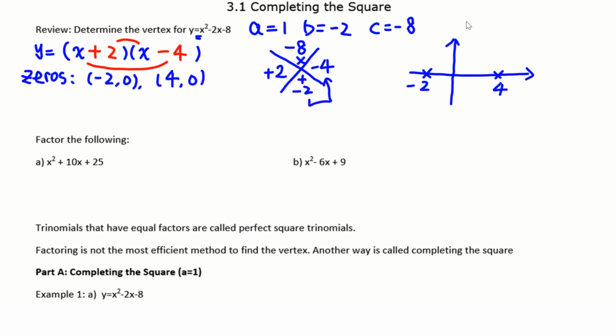The vertex will be at the middle of these two points because they are symmetric points on the parabola. So the midpoint of negative 2 and positive 4 is the average of these two points. The x-coordinates added together divided by 2. So negative 2 plus 4 divided by 2 will give you positive 1.